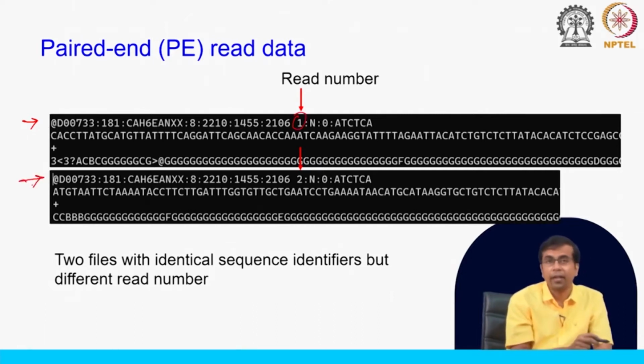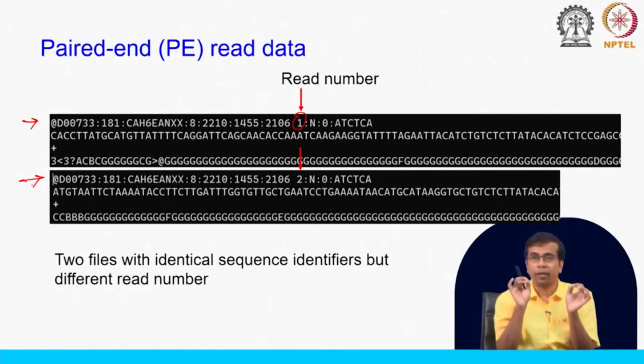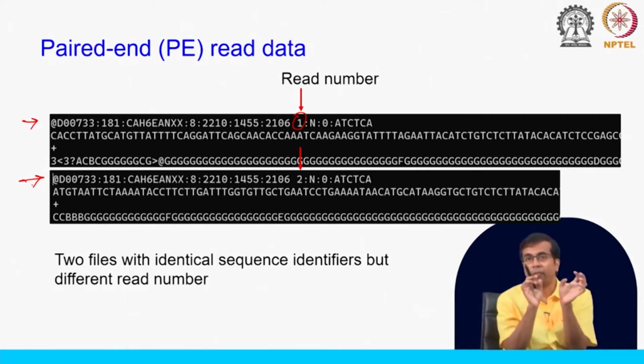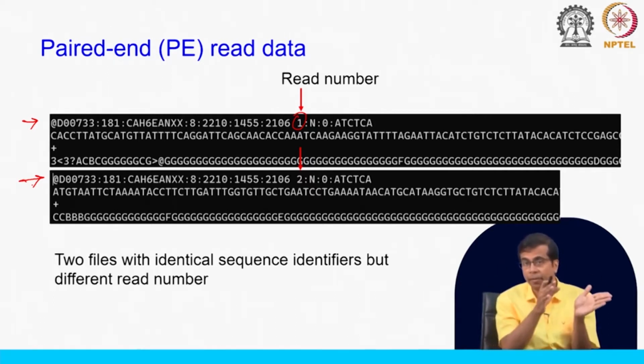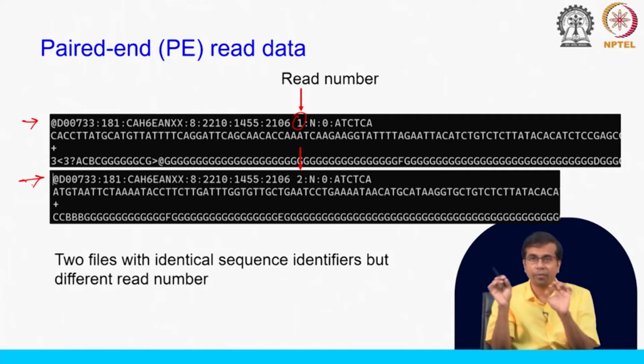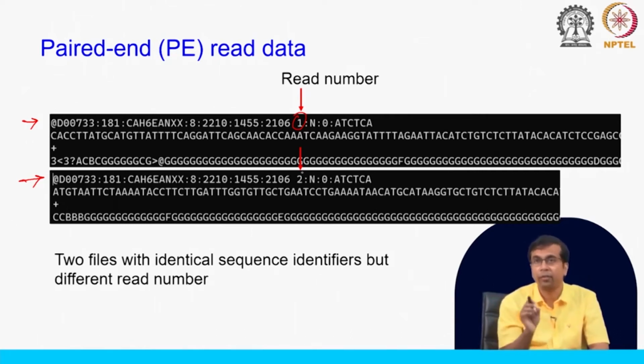And then you have the second data, which comes from a separate file. Remember, you will get to see two files, with some name read1.fastq and the other with the same name read2.fastq. So read1, read2 fastq will also be reflected in the read number. This read number will be reflected in the file name as well as in the header line.